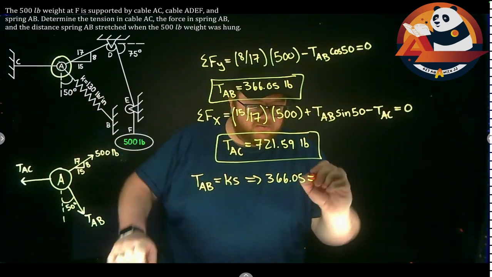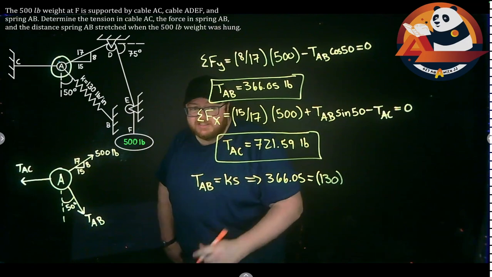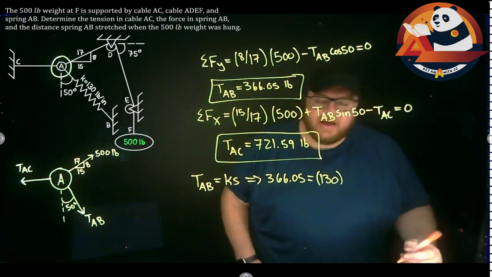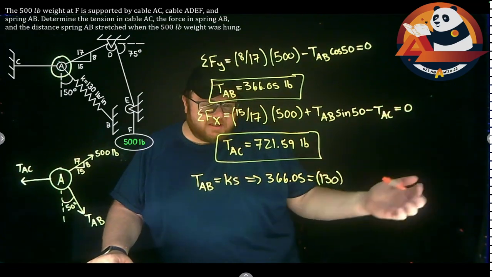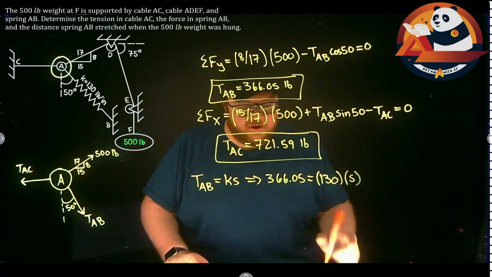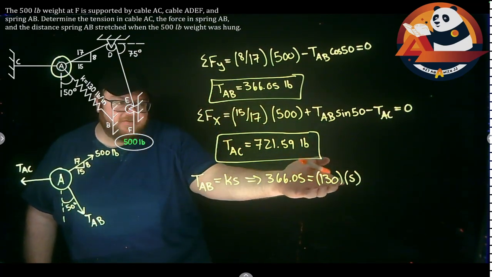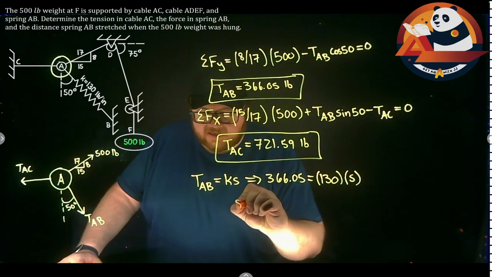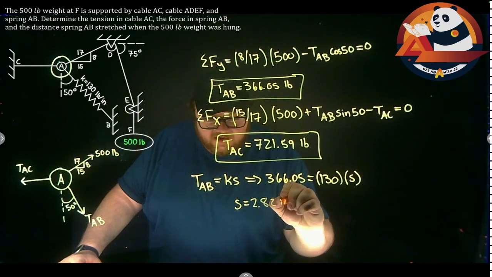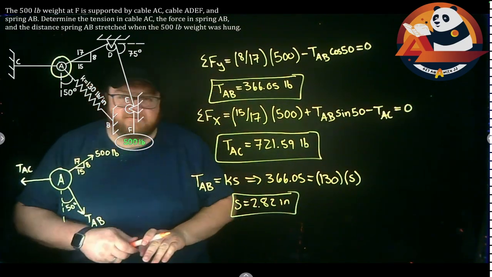We were given that's 130 pounds per inch. That's not the force in the spring. That's our k value, the spring constant for this, how far it stretches per force that's put on it. 130 times our final variable we're looking for, how far it stretched, s. Just 366.05 over 130 gets us that the spring stretched 2.82 inches, which is going to be our final answer for our problem.